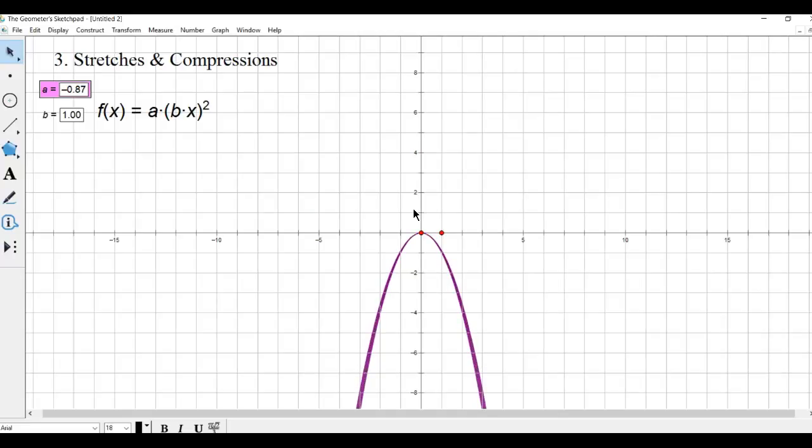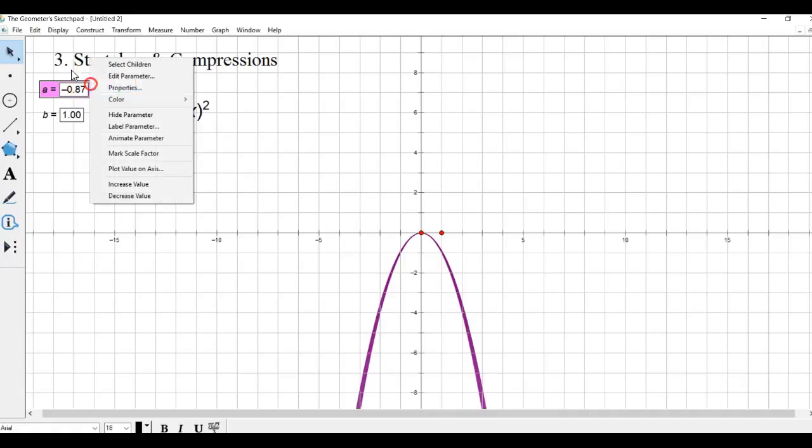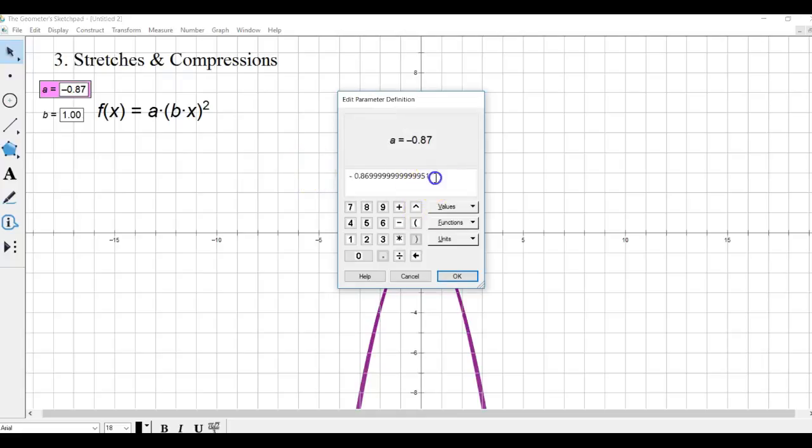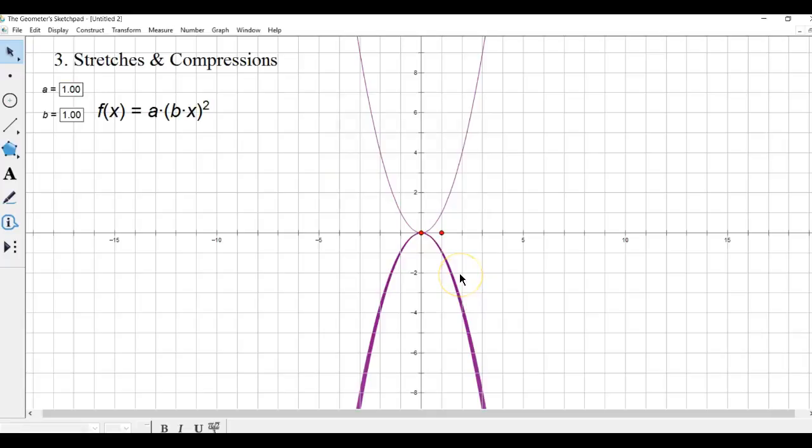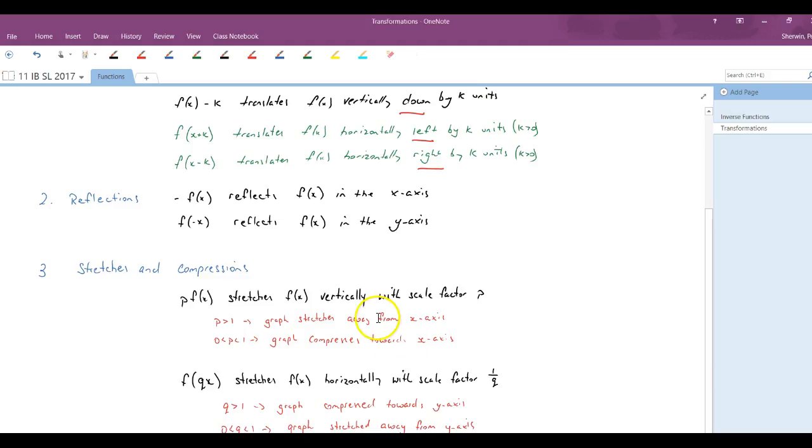Righto, so let's get rid of those. Actually, what I need to do is get back in and change this value. Edit parameter, we'll get that back up to 1. There it is, and we'll erase the traces again, and then we're back to where we started. Right. So for values of a, and this is in the notes here, we call it P in the notes, but it's what we just had as a.